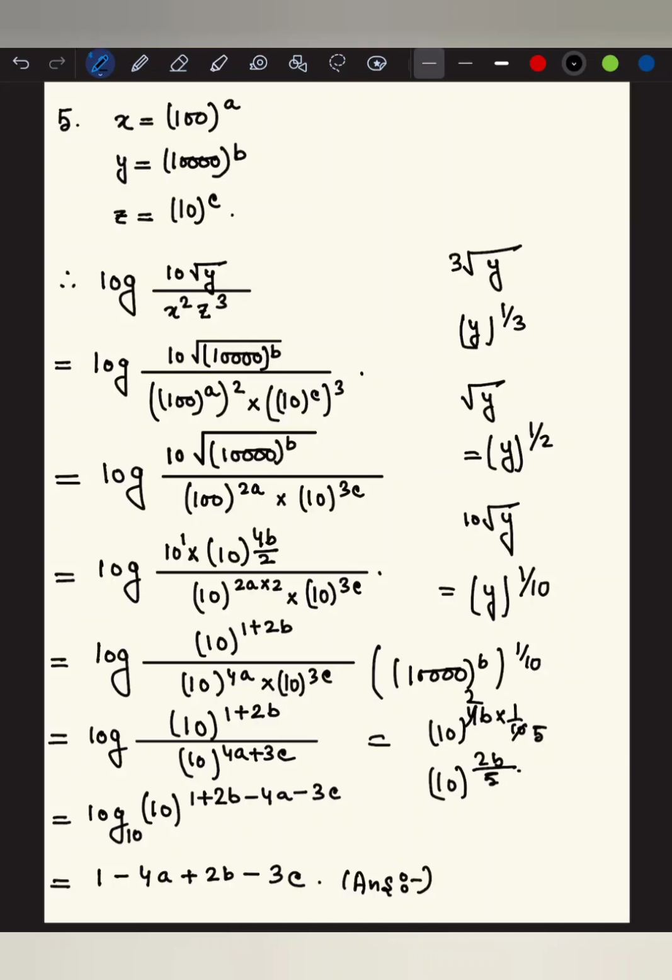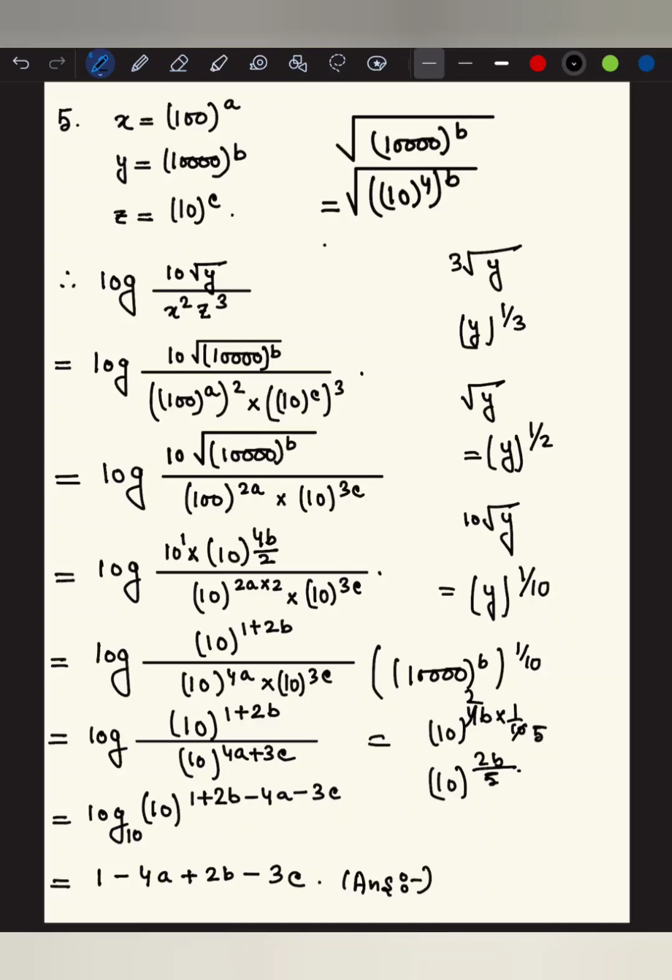10 can be written as 10 to the power 1 into this 10,000. Understand this, 10,000 to the power b whole square root, this 10,000 can be written as 10 to the power 4 whole to the power b, and since there is a square root, I will do it later.